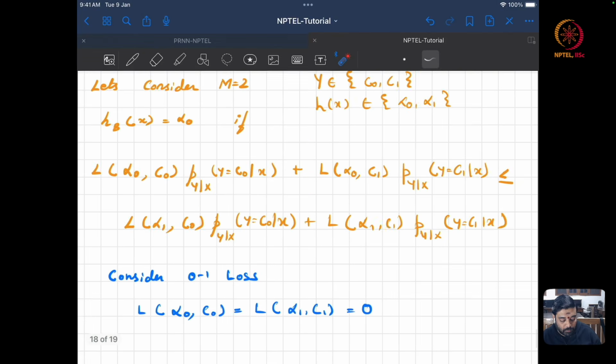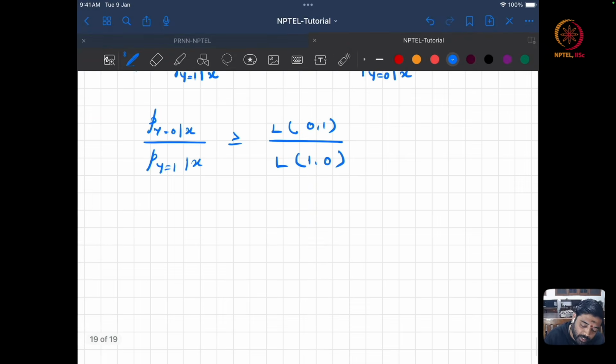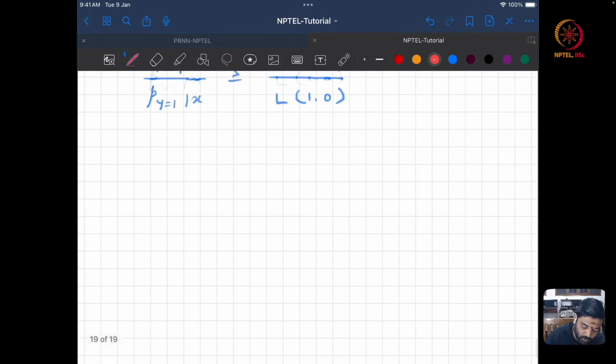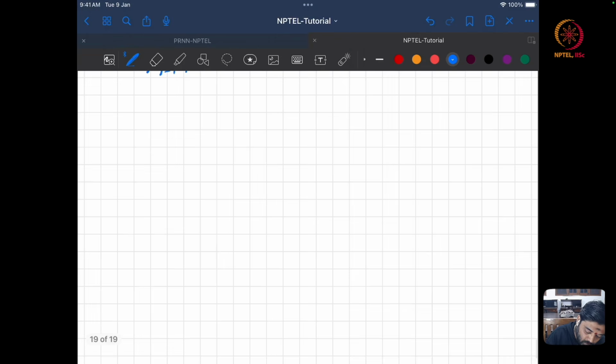Now let's go back to our M class case and try to bring in the notions of much more comfortability there. I am generalizing it for a 0-1 loss in our M class case.